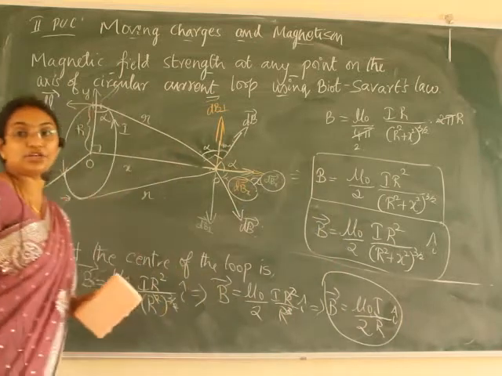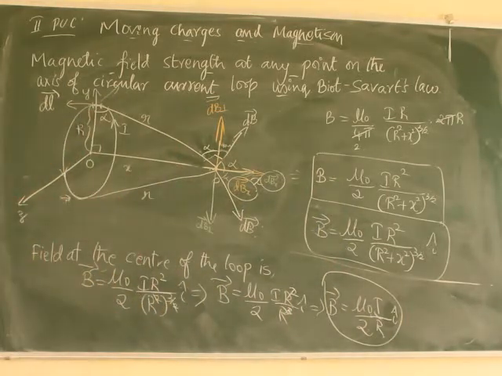This is the expression for the magnetic field at the center of the loop. Please write this note, okay? Note: at the center of the loop. Next is Ampere's circuital law.